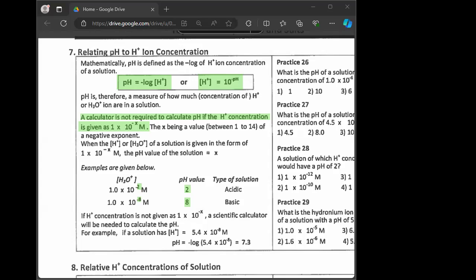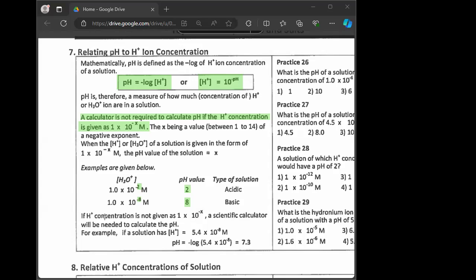Unfortunately, for the TEAS, the calculator you're going to be given is not going to have a log button on it, but you can still use the trick to at least estimate what the pH would be.